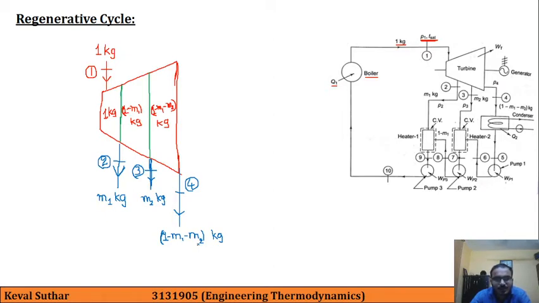Okay, so this is the way the quantity of steam is keeping on changing as we pass through the blades of turbine.